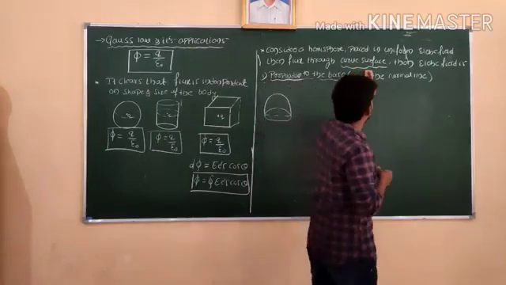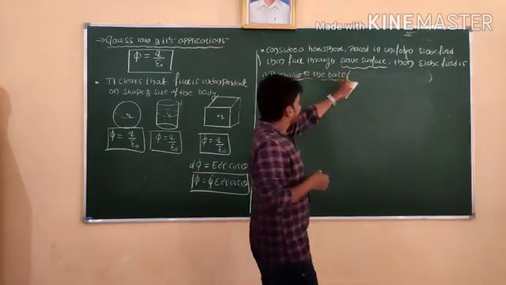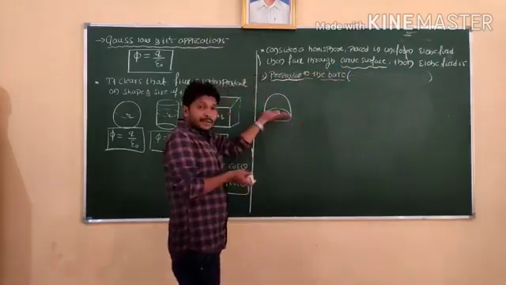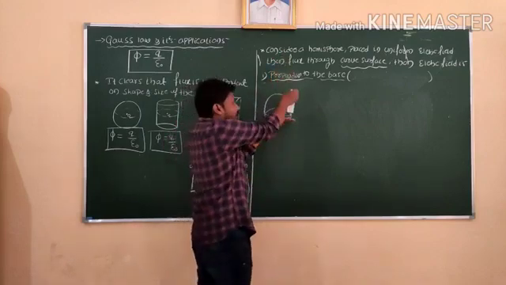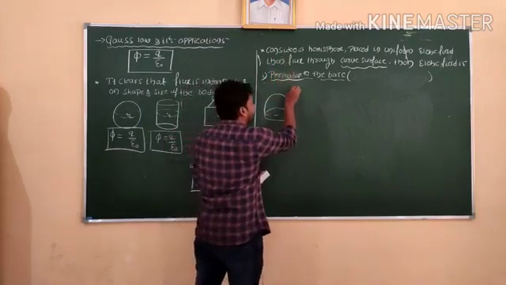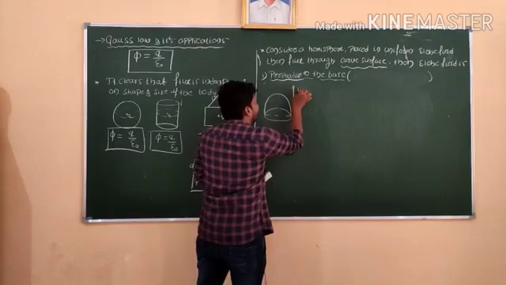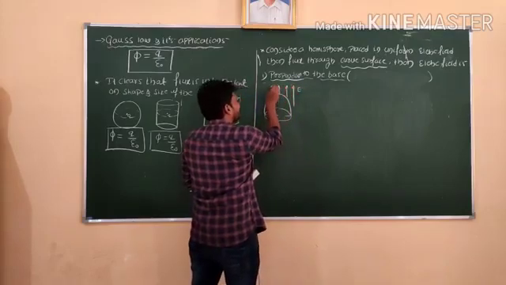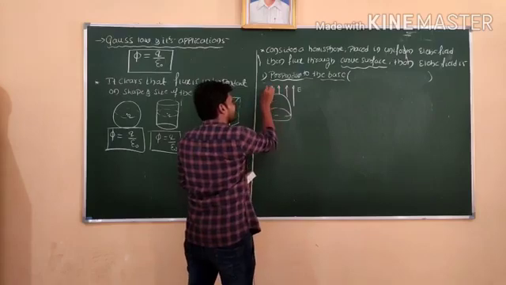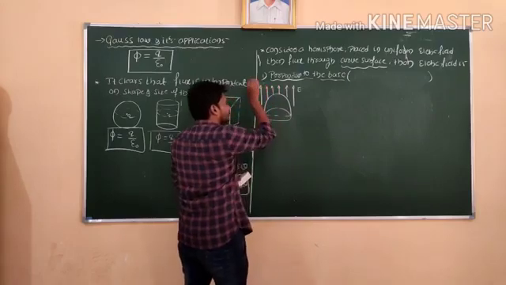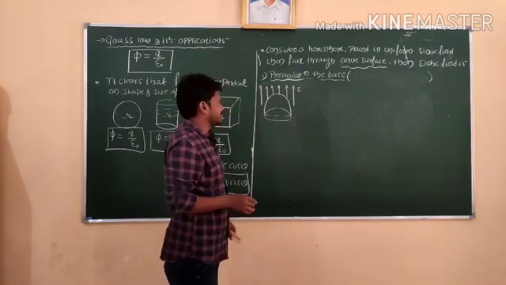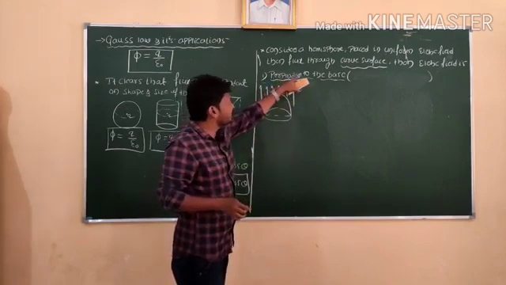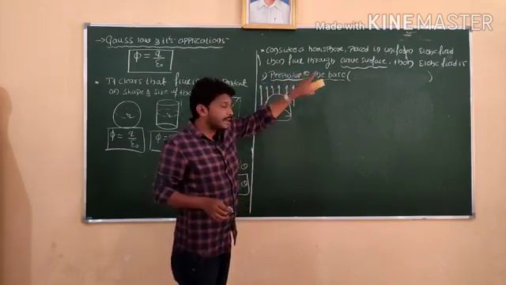I said electric field lines are perpendicular to the base. So this is the base, and perpendicular to this base is the direction of electric field lines. Let me draw. These are all the directions of the electric field lines.